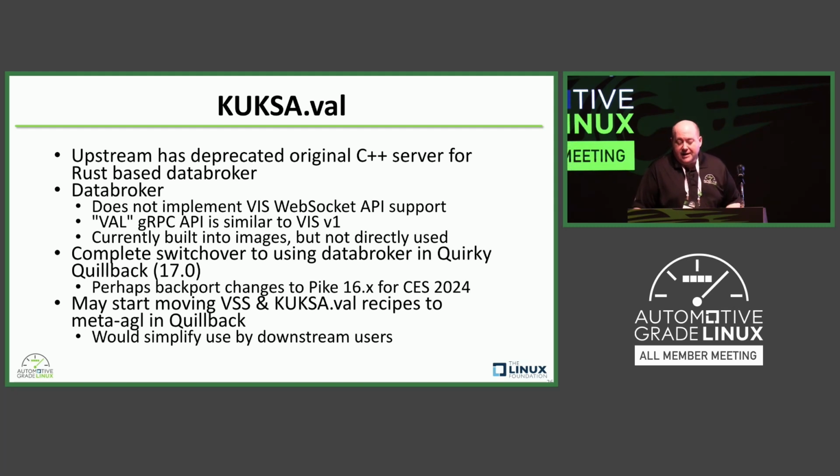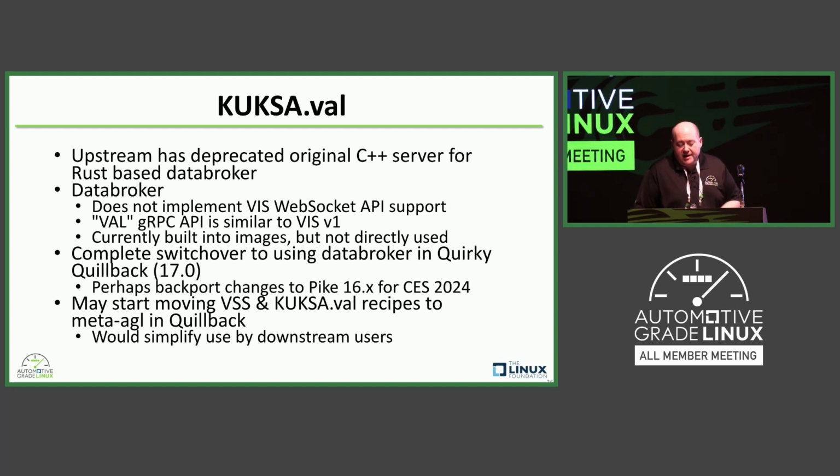Currently my plan is to get us completely switched over for Quillback, since I didn't actually get it done for Pike. But I do have visions that at least some of that will probably get backported to Pike for 16.0.1 or 2.